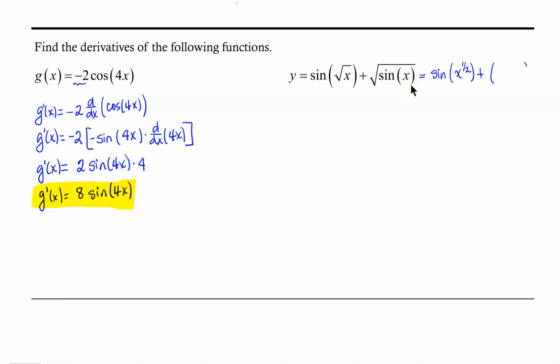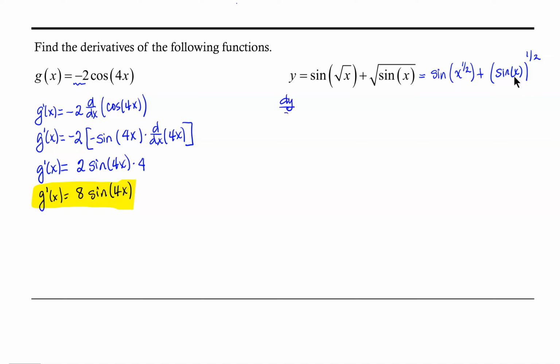So we're going to have something to the 1/2 power, and the argument of that square root function is sine of x. So what we're taking the derivative of is y equals sine of x to the 1/2 power plus the square root of, or the 1/2 power of, sine of x. So now we're ready to go ahead and start finding that derivative.